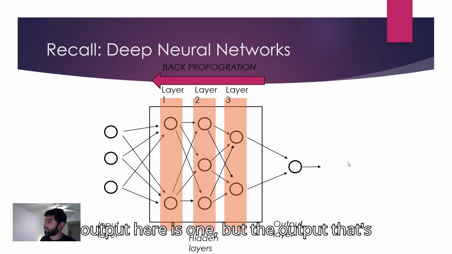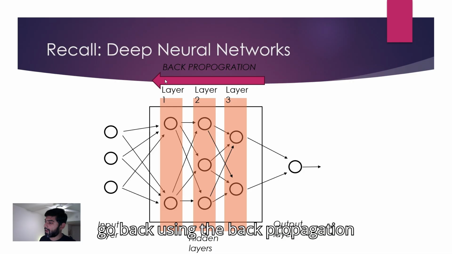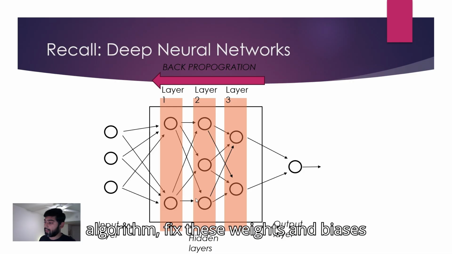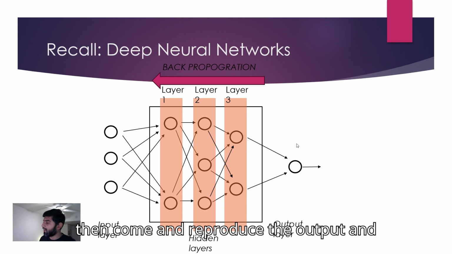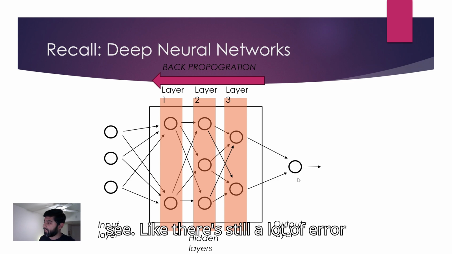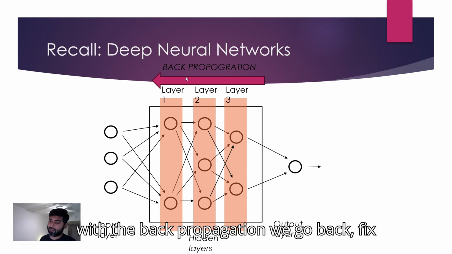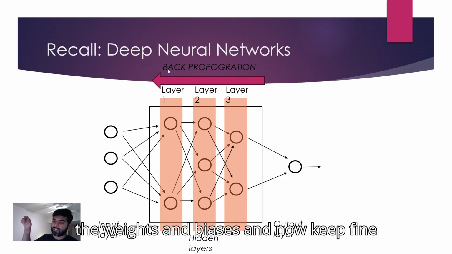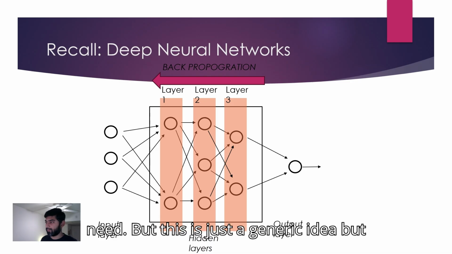For example, the output here is 1, but the output that's supposed to be here is 2. Then we go back using the backpropagation algorithm, fix these weights and biases based on the gradient descent idea, and then come and repredict the output and see if there's still a lot of error left. Then with the loss algorithm, along with the backpropagation, we go back, fix the weights and biases, and keep fine-tuning the model as there would be a need.